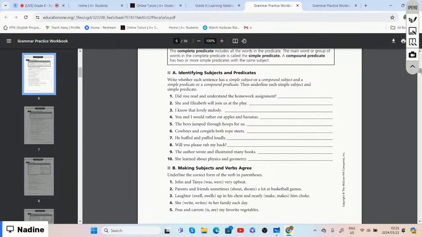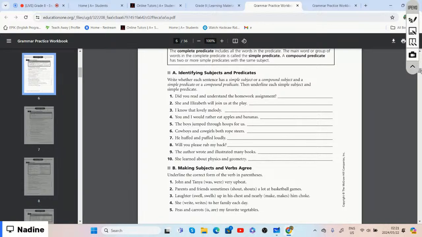The next one says, she and Elizabeth will join us at the play. All right, so we said, did you read and understand the homework assignment?